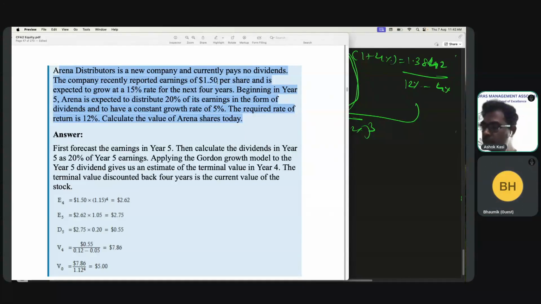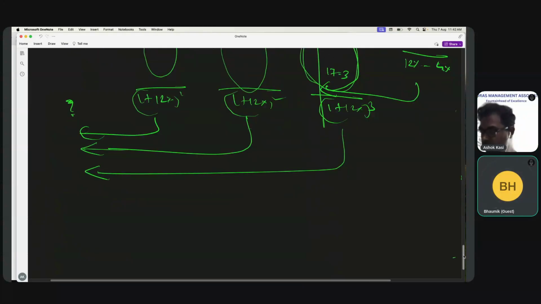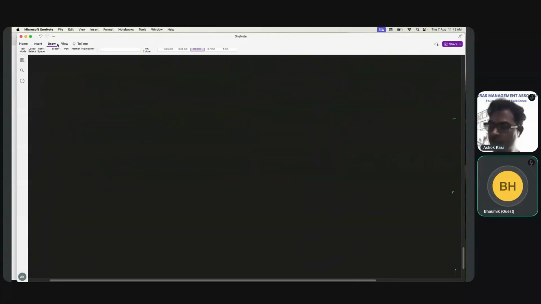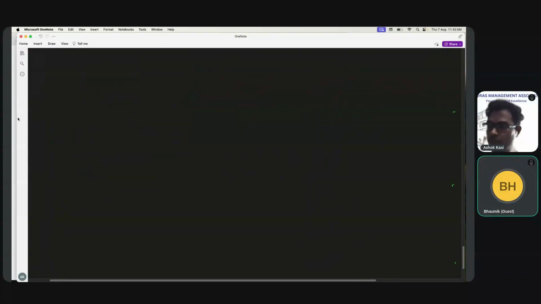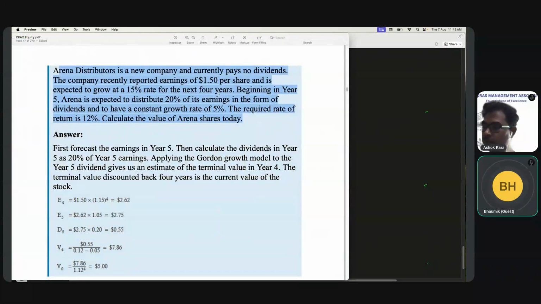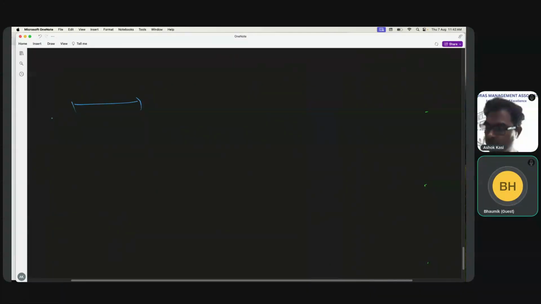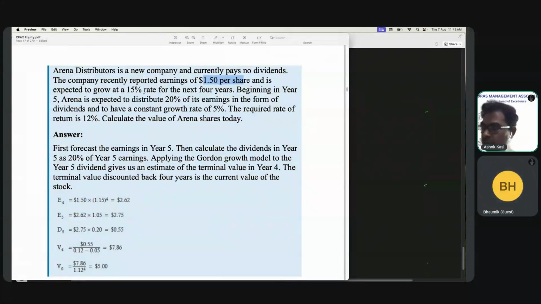Recently reported earnings of 1.50 and expected growth is 15%, for the next 4 years, and then only it will start paying dividends. So earning is currently 1.50, so years 1, 2, 3, 4, and these earnings will grow at the rate of 15%.